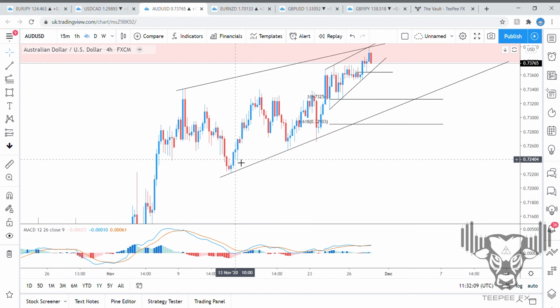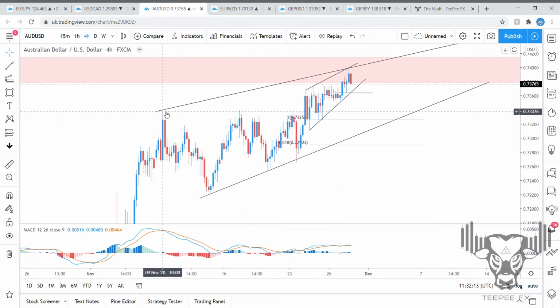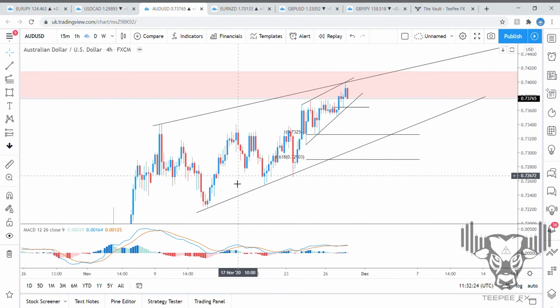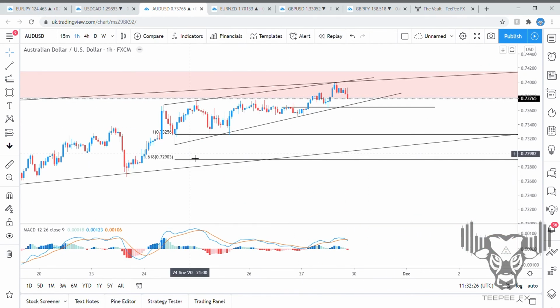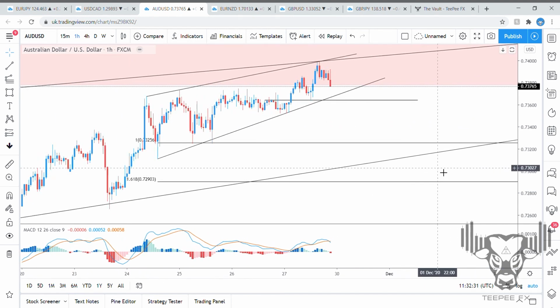Just here, we've got a rising wedge in the 4-hour view, some clean taps, we've got some lovely wick form right at this key level, which is this weekly level that we've previously rejected. And then within this 4-hour wedge, we've actually got a 1-hour wedge. Targets for the 1-hour wedge: first target sits near enough smack bang on the bottom of the 4-hour wedge, and the 1618 sits just outside of that 4-hour wedge.